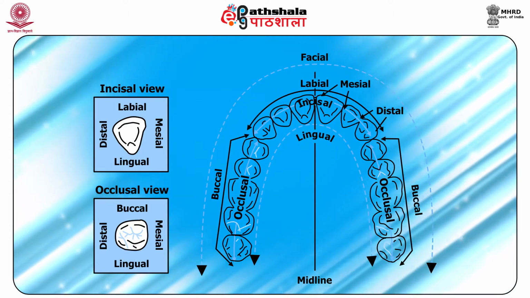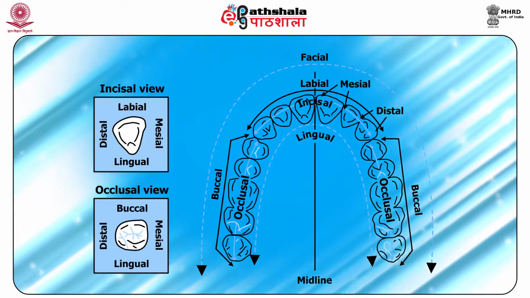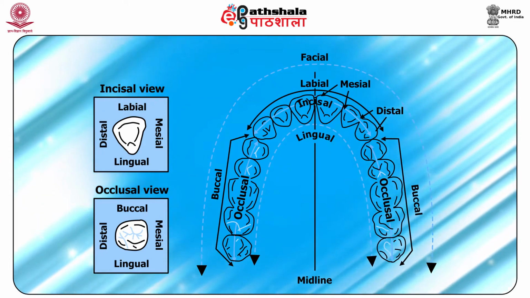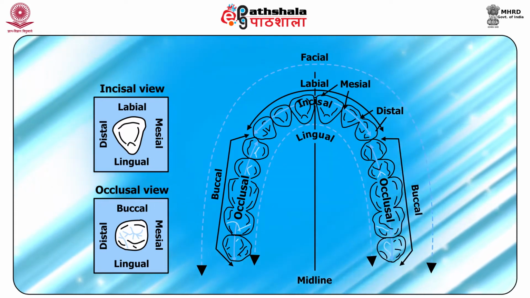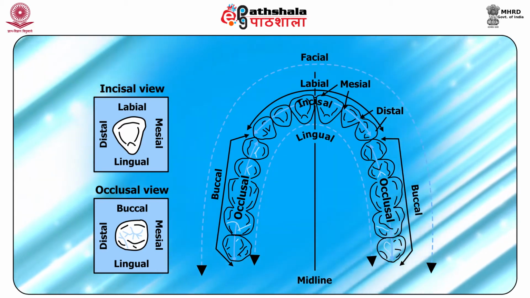In the front teeth, the biting surface is known as incisal, whereas in premolars and molars, it is known as occlusal. The side of the tooth facing the center is called mesial and the side away from the center is called distal. Familiarity with these terms and the tooth numbering system will facilitate further understanding.